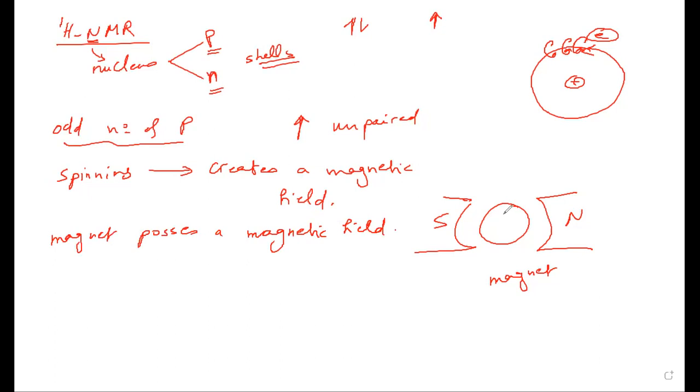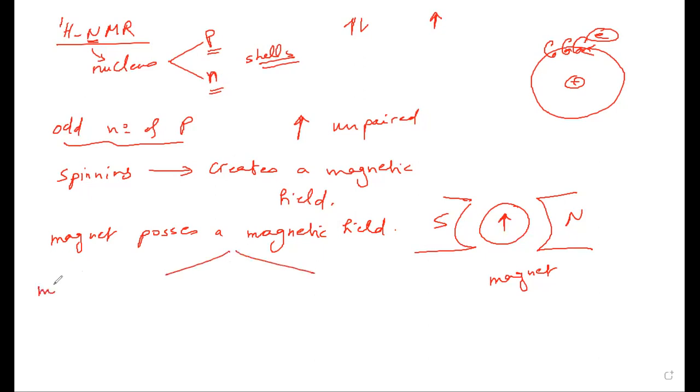Now, if our molecule contains a proton, and this proton spins around itself, and spinning creates a magnetic field, then if we place it in between the two poles of a magnet, either the magnetic field produced by the spinning of the proton is aligned with the magnetic field that is produced from the magnet. Then here we have two cases.